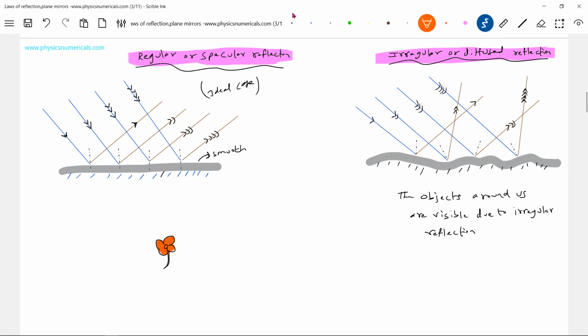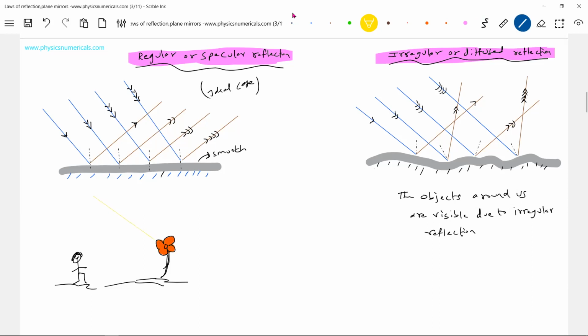Let there be a red color flower, and a person is going to view it. How will it be visible?